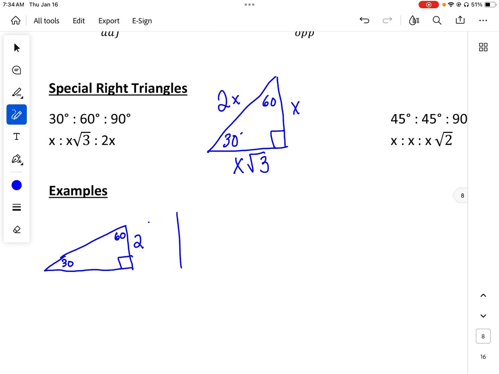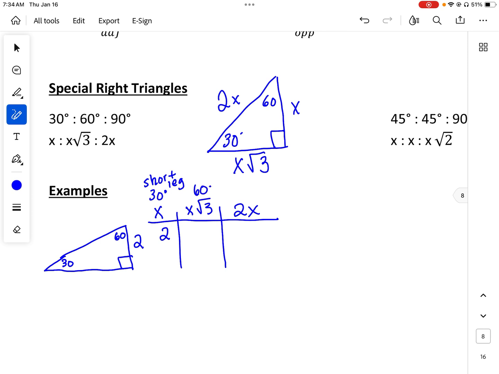We are going to find the rest of them by using the x, x square root of 3, and 2x. So let's say we're given that x is 2. Across from the 30 degrees, because it's your shortest side, is the short leg. And then across from the 60 is x square root of 3.